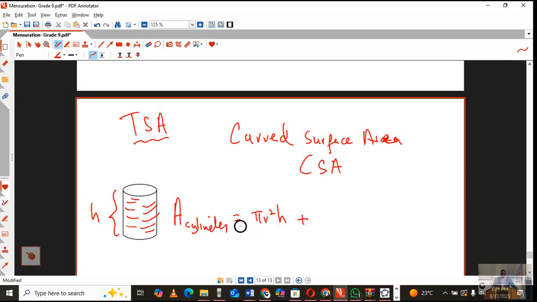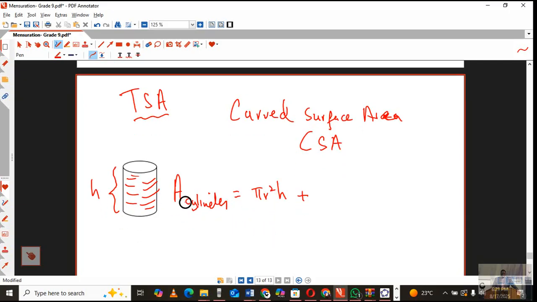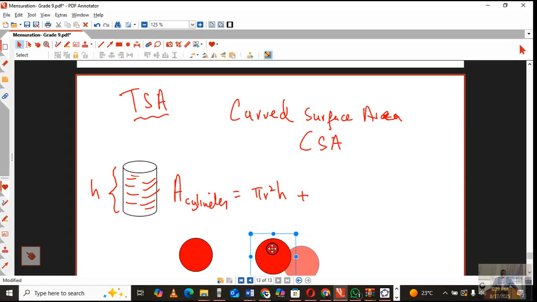Now, the way this one is, it's just one, it's open. If I say find the surface area of a cylinder, you have got two of these circles to contend with. You have a circle here, you have another circle over there. Let me just bring it up. Now this circle, of course, it's a little bit smaller than that one. This would be that circle that is there. That's pi r squared.